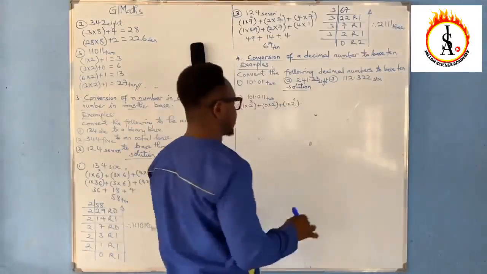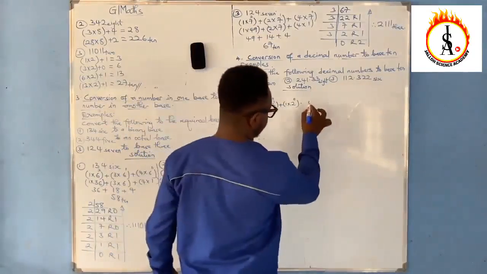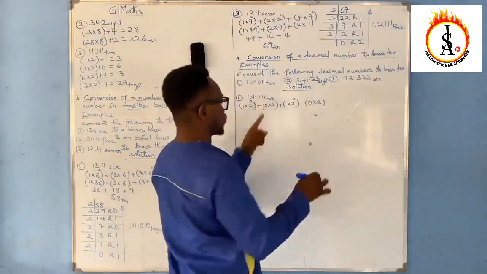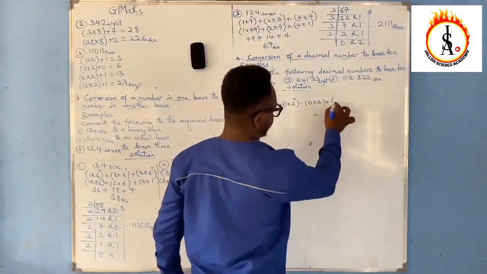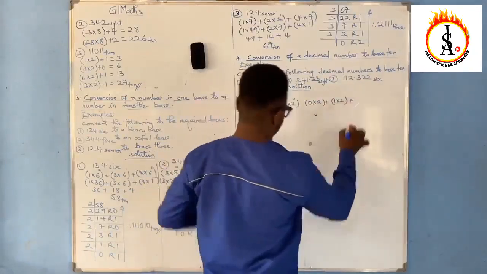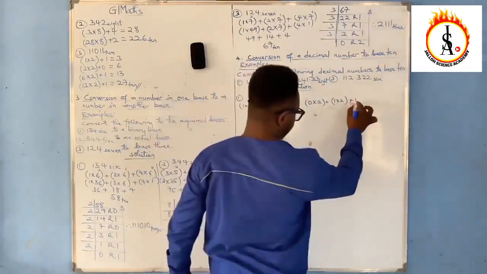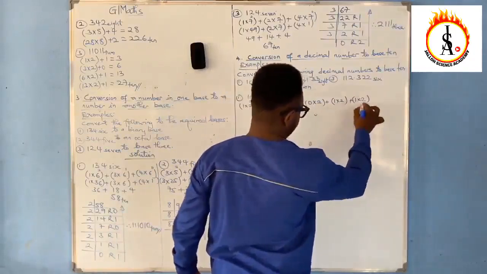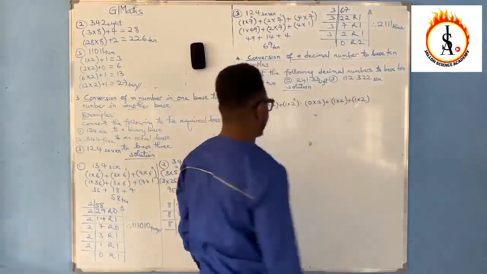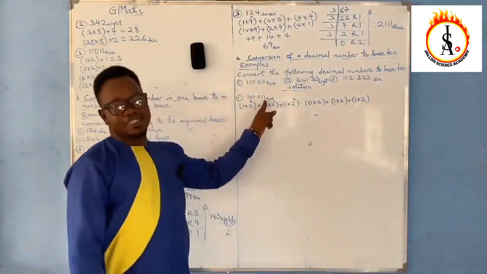Then we put our point, come for this number, 0 multiplied by the base 2, added to 1 multiplied by the base 2, and also added to this last figure 1 multiplied by the base 2. This is the decimal part.